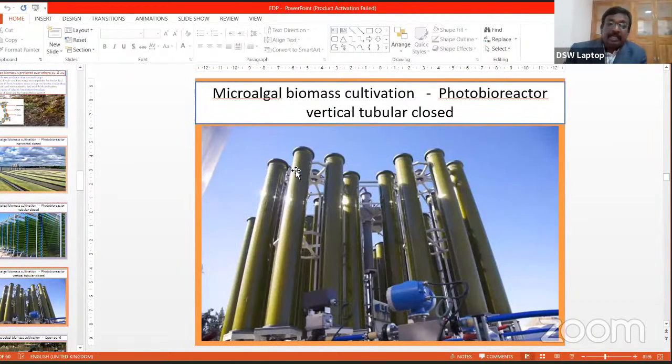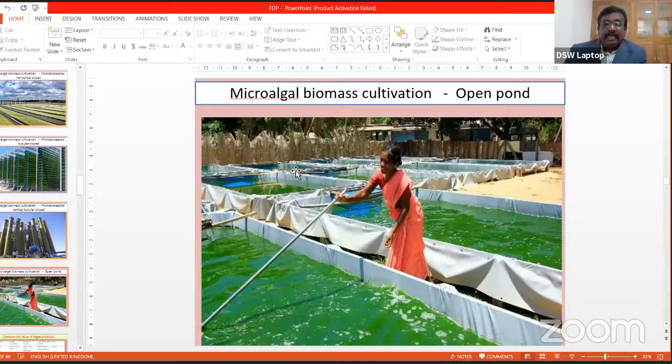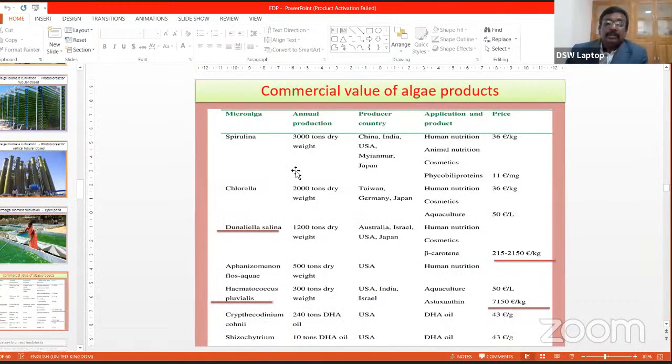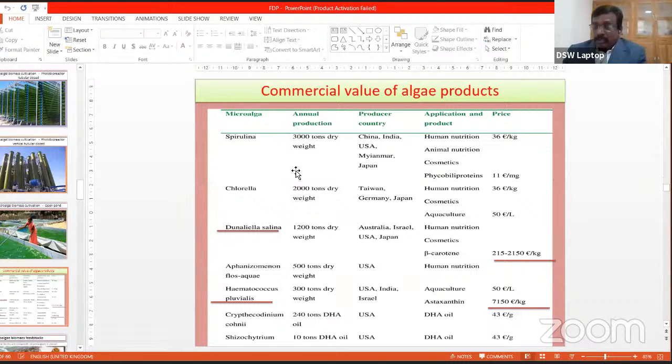So these are various types of photobioreactor devices available for cultivating microalgae. This is the simple technique of growing microalgae in an open pond. As I told, if you see the commercial value of algal products, a lot of microalgal species are used for various products and applications.